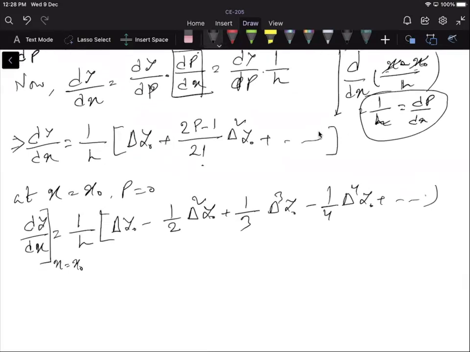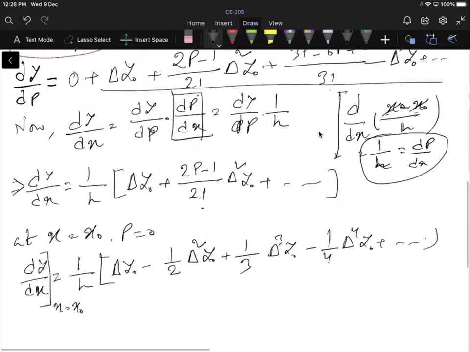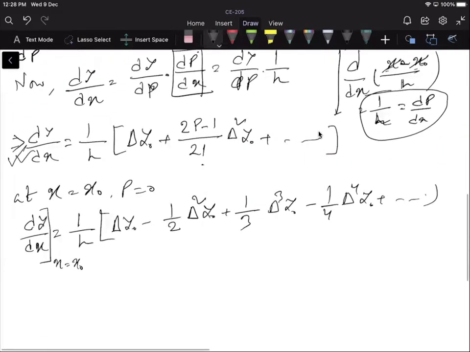Differentiating with respect to x again, based on this equation, gives the second derivative d²y/dx².